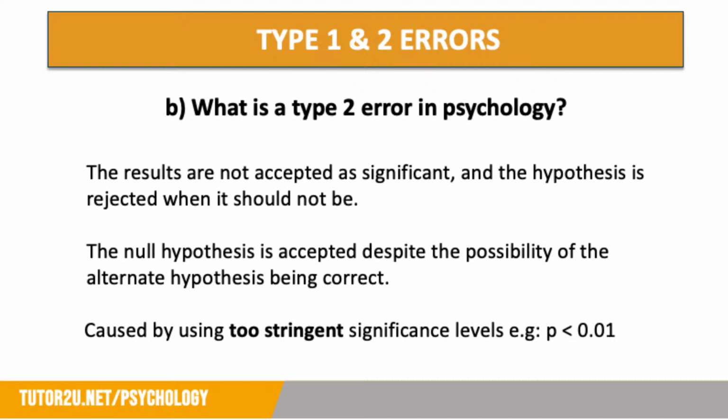But there are going to be times when I have to be really, really strict. I can't allow much chance into my results. I've got to be really, really certain of my results. I'm thinking about drug treatment, for example, for clinical trials. I'm going to have to go much more strict on my level of significance. And when I do that, I potentially miss an important result and say that it wasn't a result when it was. So a type 2 error is often referred to as a false negative.